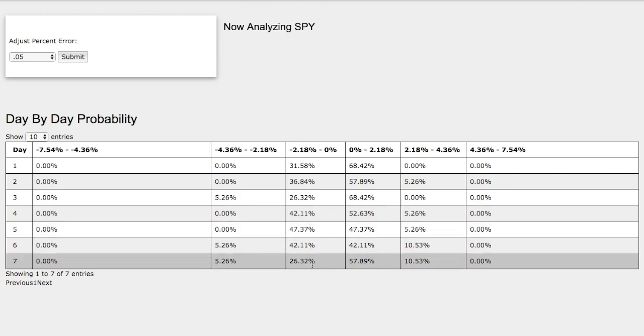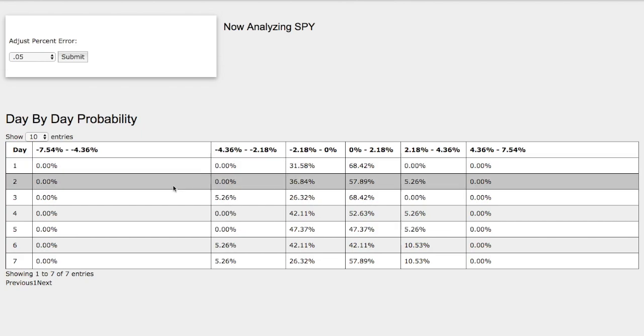On the downside, we have a 26% chance for the S&P 500 falling between 0 to negative 2%, and on the extreme case, a 5% chance for the S&P 500 to fall between negative 2% to negative 4%.